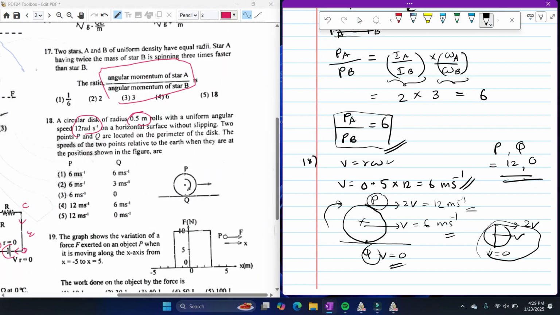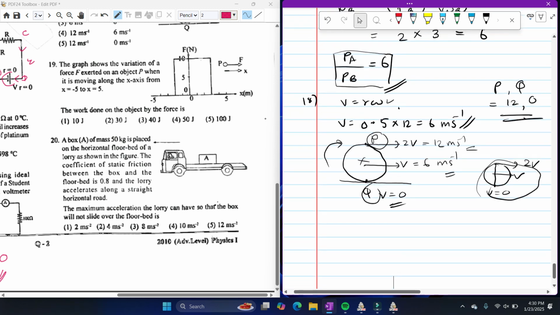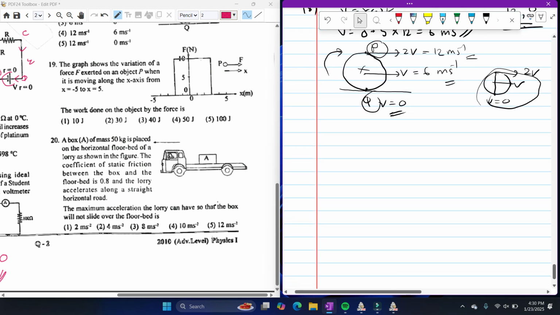Question number 19. The graph shows the variation of force F exerted on an object P when it is moving along the x axis from x equals minus 5 up to x equals plus 5, the displacement, and we need the work done on the object. Work done is actually force into distance.